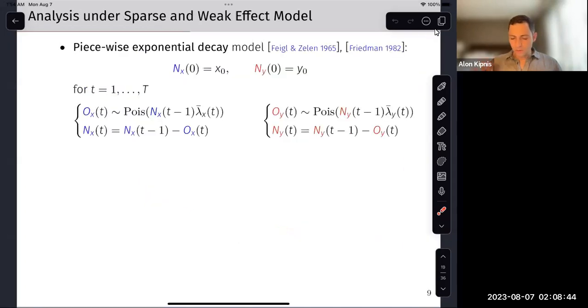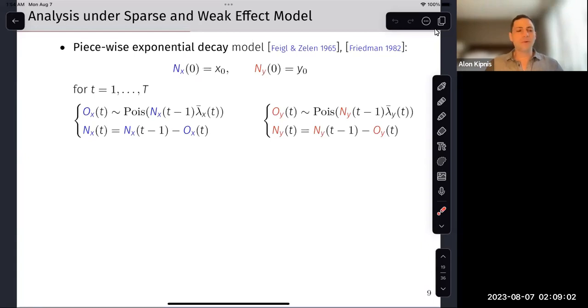Now we will analyze the method under a generative model. We're not trying to argue here that real survival data obeys this model.